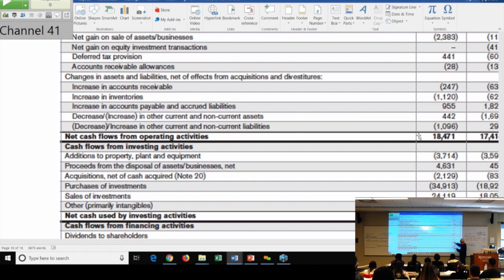So this section is, I think, relatively logical. That when you buy plant, you use cash. When you sell the plant, it provides cash. When you buy investments, it uses cash. When you sell those investments, it provides cash flow. Now, in this case, they've used up $12,305 million. What about financing?